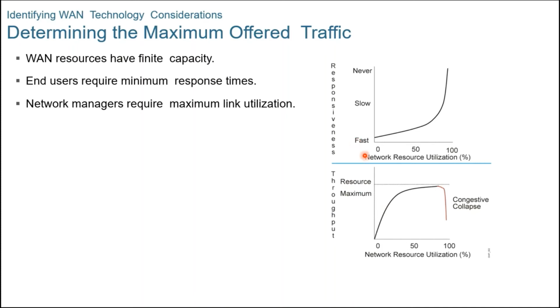The response time increases with the offered traffic until it reaches an acceptable or an unacceptable point for the end user. Similarly, the link utilization increases with the offered traffic to the point that the link becomes saturated. The designer's goal is to determine the maximum offered traffic that is acceptable to both the end user and the network manager.